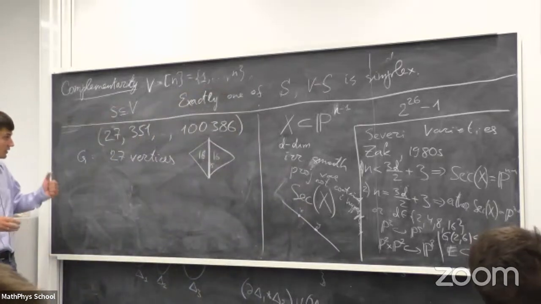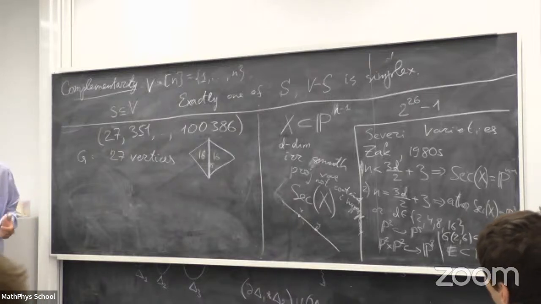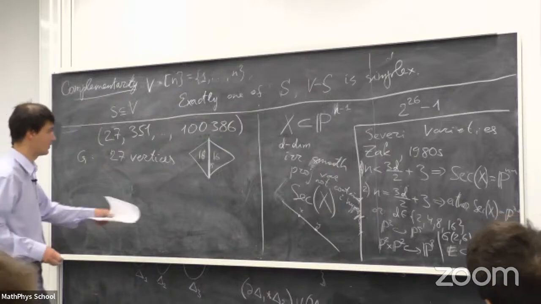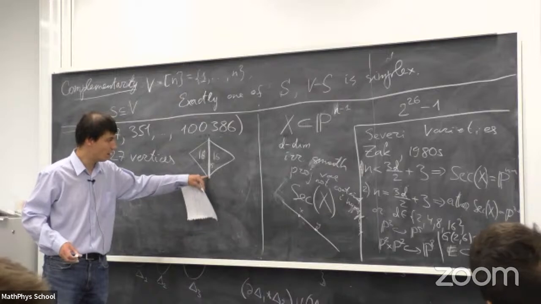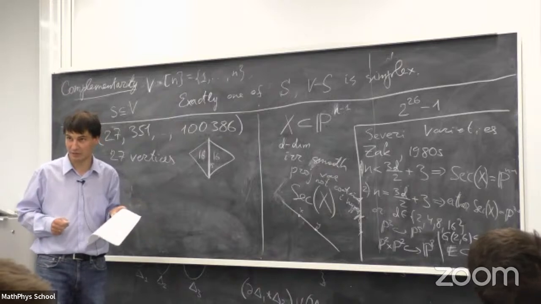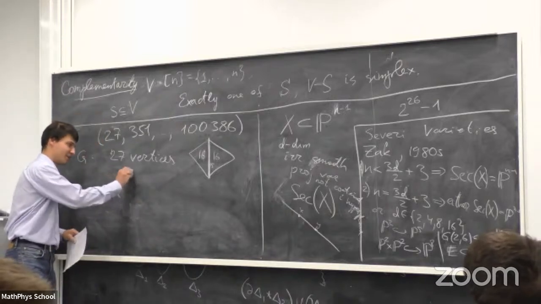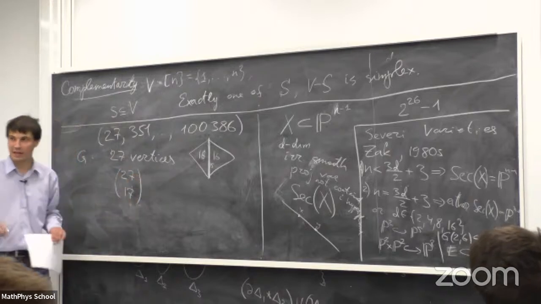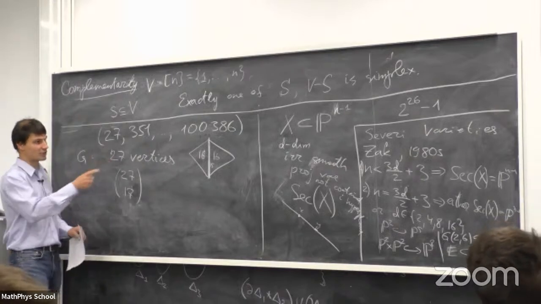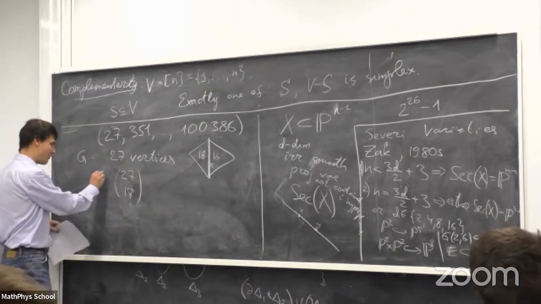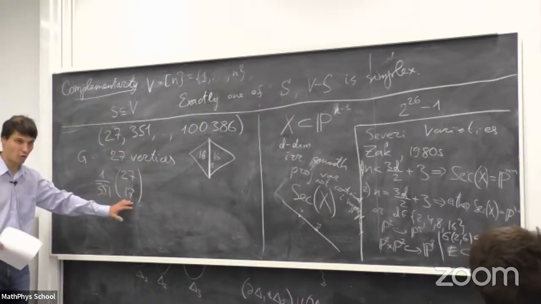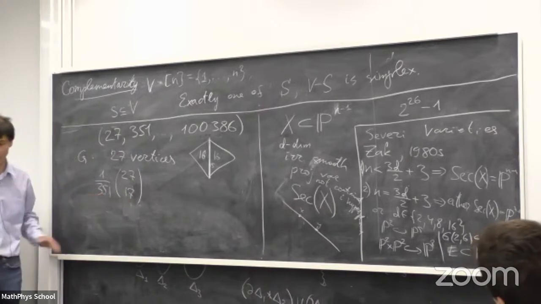So the idea was as follows: I just take all 17-element subsets of the set of 27 elements. I have the following number of them. But if I have a symmetry group, for instance that particular symmetry group, then I have about this number of orbits. This is the number of all subsets, and this is the number of orbits.